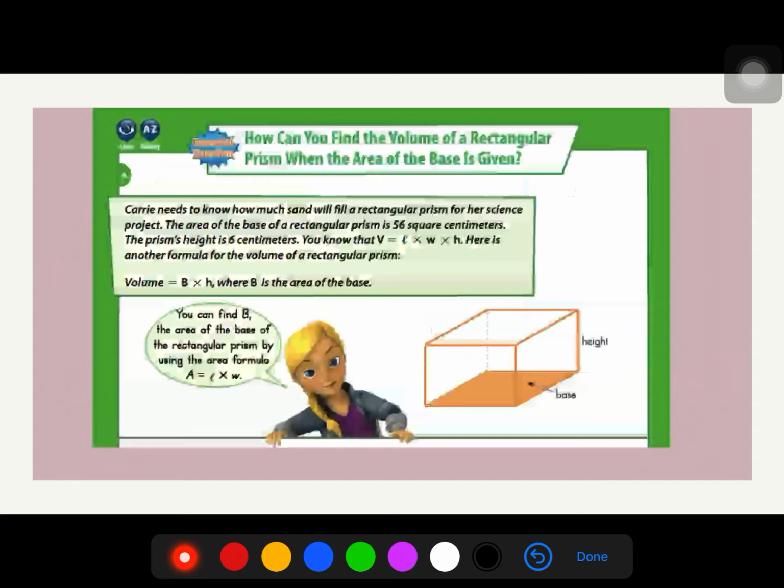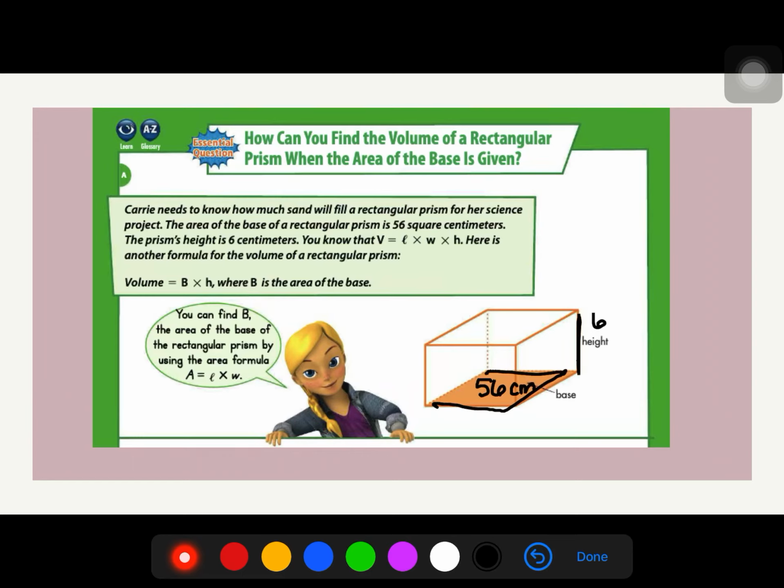All right, how can you find the volume of a rectangular prism when the area of the base is given? Carrie needs to know how much sand will fill a rectangular prism for her science project. The area of the base is 56. The prism's height is 6.